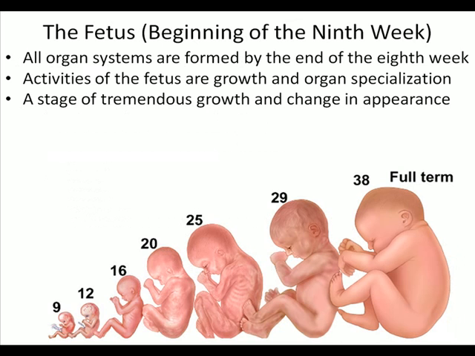So by about the 8th week of development, all of the major organ systems are formed. We start to call it a fetus at the beginning of the 9th week when all those organs have been formed. And really, as the fetus grows, you have a tremendous amount of growth and organ specialization as the organs become more and more mature.